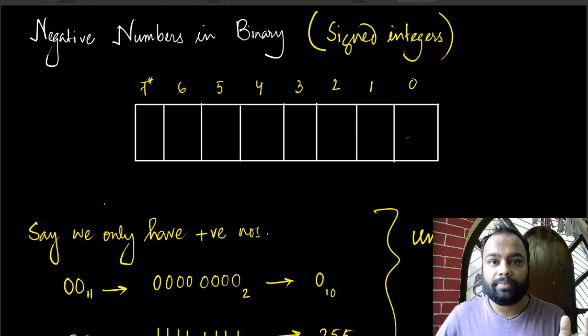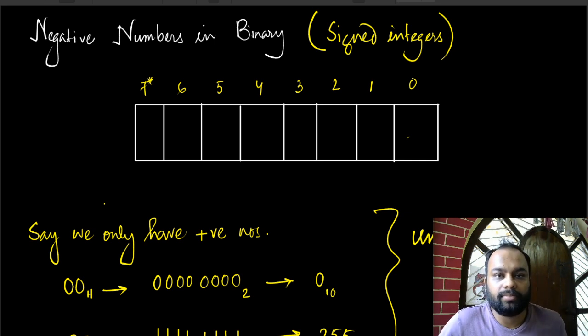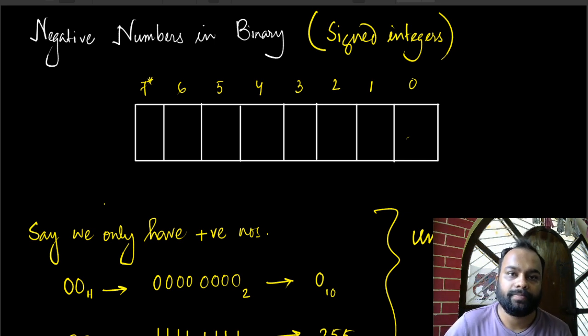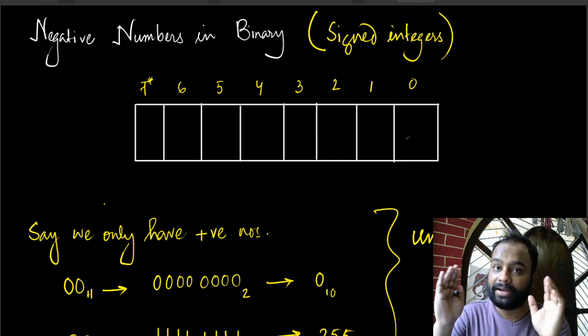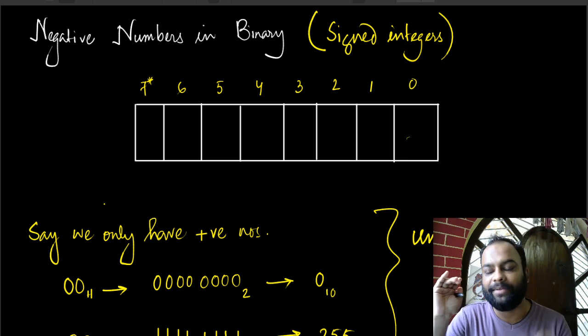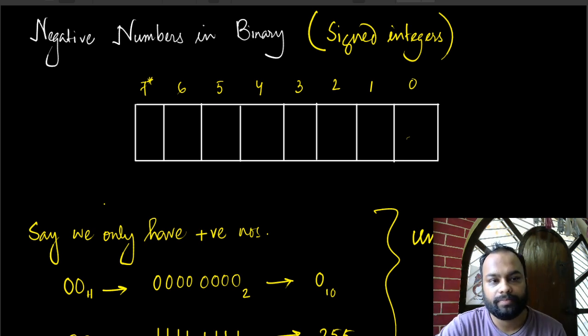Give me any number, please. Write something in the live chat. Give me a positive number that can be represented with a 7-bit binary, so nothing more than 127.